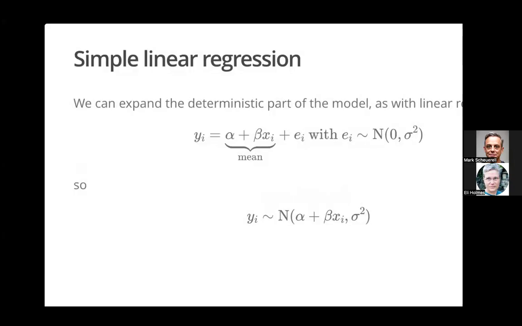Okay, we can expand that deterministic bit now, right? So here I've replaced that overall mean with an alpha, an intercept, plus some slope, beta, times that thing. And here I'm calling it mean. You could also think of this as expectation. Remember that we talked about that first day of class?